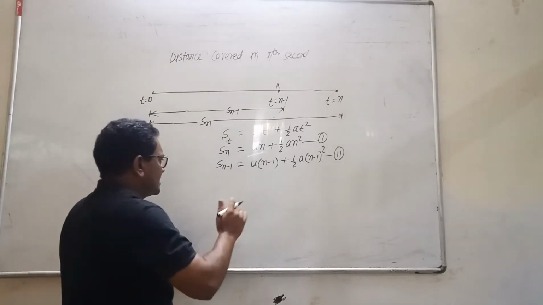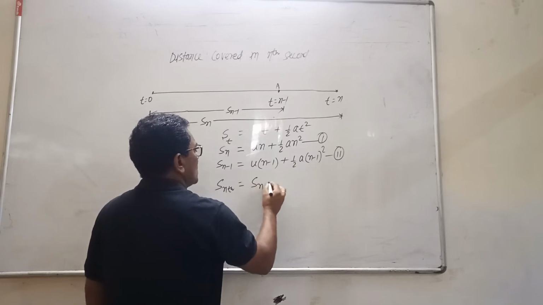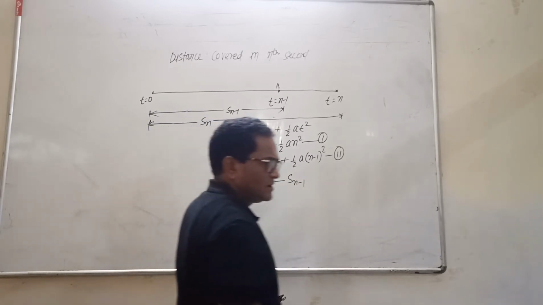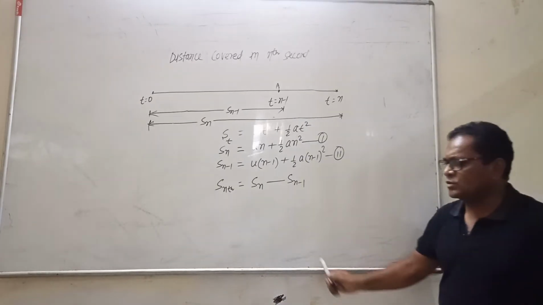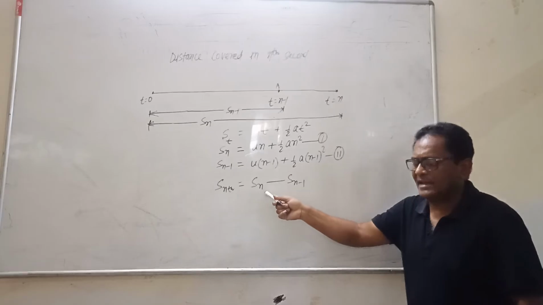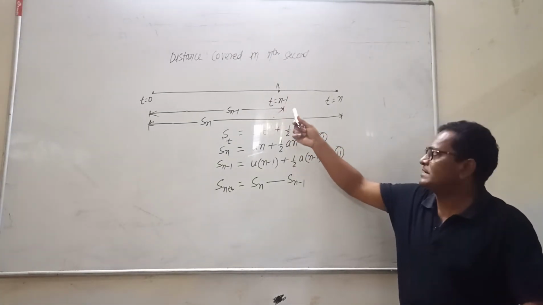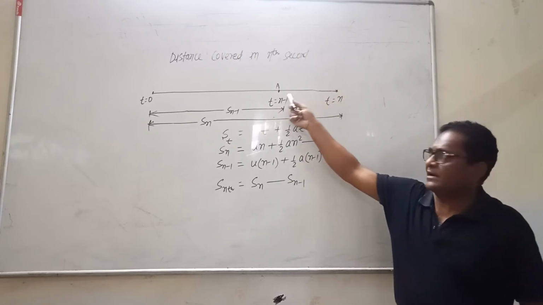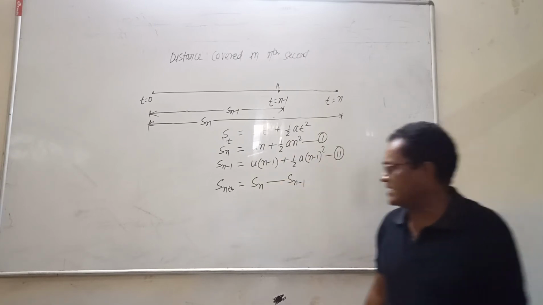Distance covered in a particular segment, Snth, is given by S of n minus S of n minus 1. Distance covered in nth second is equal to distance covered from 0 to n seconds minus distance covered from 0 to n minus 1 seconds. From n minus 1 to n is called Snth.